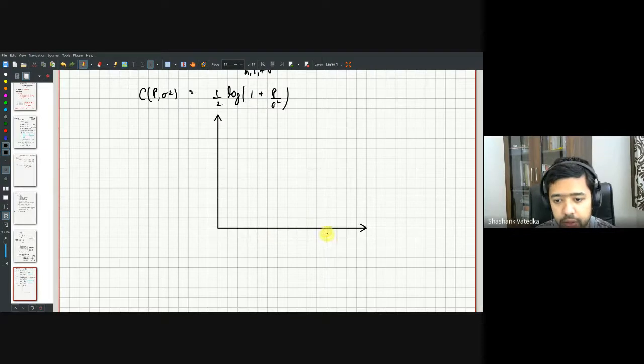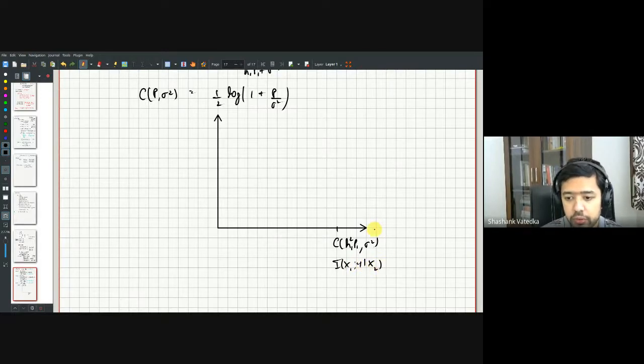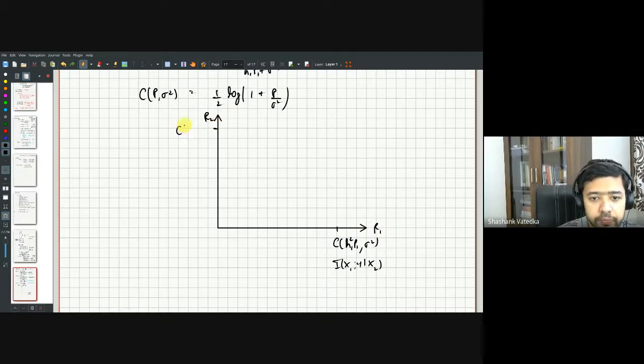One is C of h1 square p1 comma sigma square, which is basically the mutual information between x1 and y given x2. This is R1, this is R2, and let's say that this is C of h2 square p2 comma sigma square.